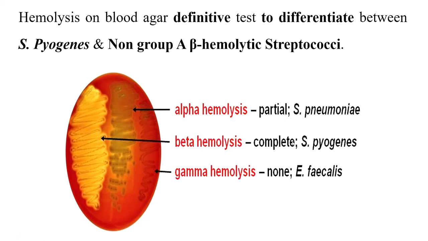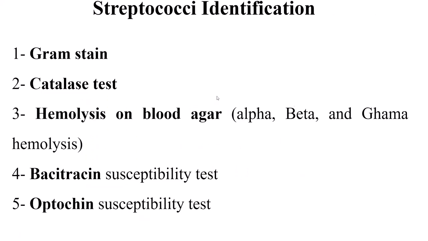Beta hemolysis produces complete hemolysis and a clear zone around the colony, such as Streptococcus pyogenes, which is group A according to the Lancefield grouping. And gamma hemolysis does not produce any zone, such as Enterococcus faecalis.